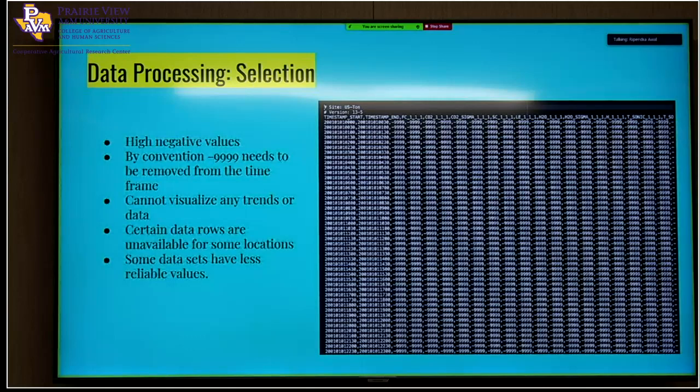And originally, we pulled all of the data from this profile, and it outputted a lot of negative data that was under negative 9,000, as you could see, and needed to be removed from the time frame. So she spent a lot of time actually going back into the Python profile and removing the data. That came up with a visual trend of all of the data.